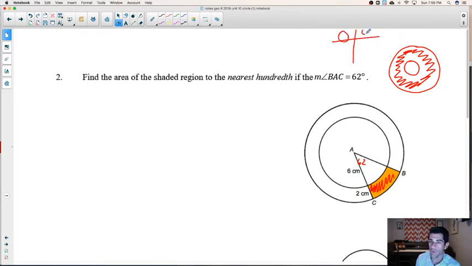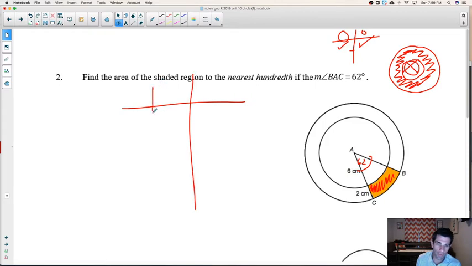Basically I have 2 circles, one large one, and the small one is covering it. If I found the area of this one and the area of that one and subtract, taking out the middle, you're left with the outside. That's the same exact problem here, except you're using just this sector, so we use this angle there.